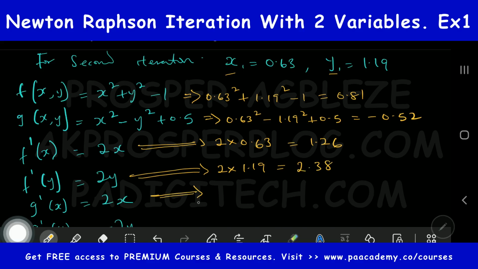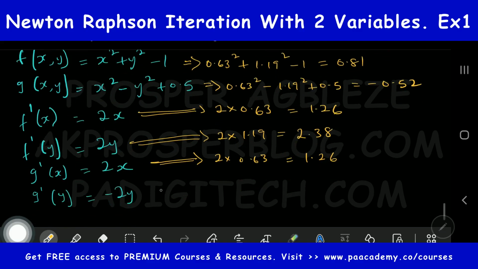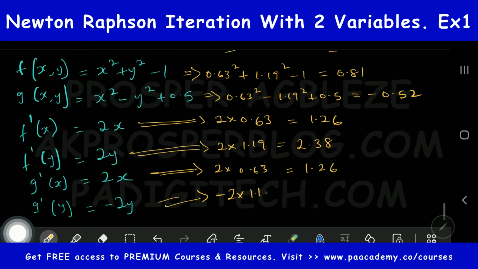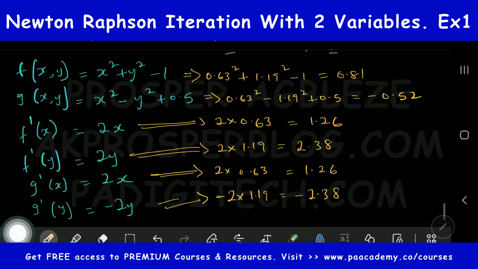And then for this g prime of x, it's going to be 2 times 0.63, and that also gives us 1.26. And then we also have the last one here, which is g prime of y. So g prime of y is going to be minus 2 times our y again, 1.19. That's going to be minus 2.38. So these are the values that we need.